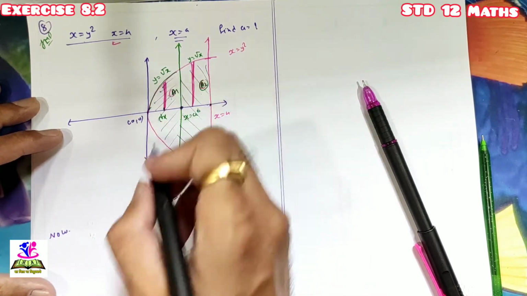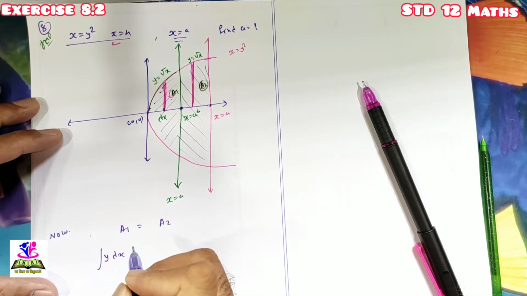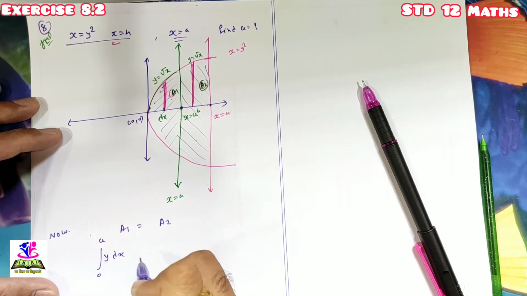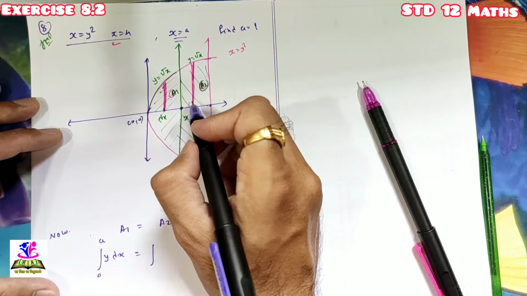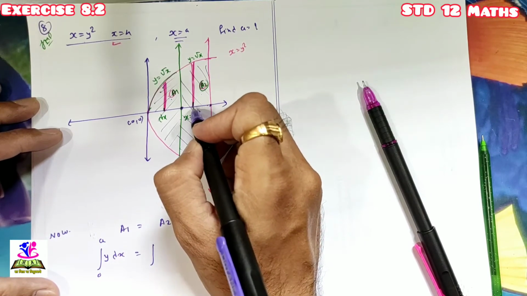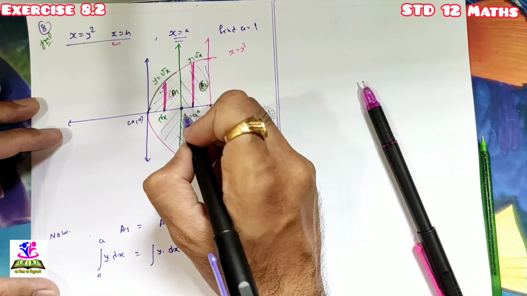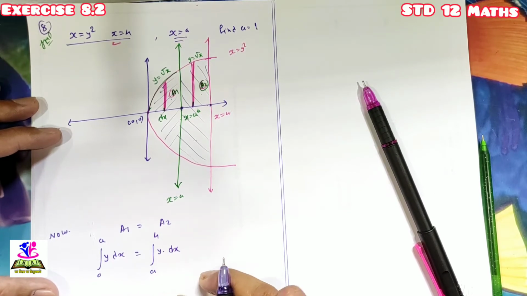So for this area A1, our integration is integration of y with respect to x with limits from 0 to a, equal to, for this area A2, the vertical strip is along the x-axis, so it's again y dx with limits from a to 4. ये समझ में आ गया सबको?